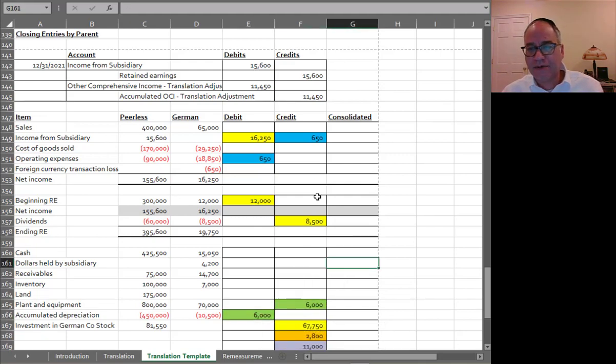And then I wrap up the consolidation. So it would be plus, plus, minus, plus. Everything gets added across.